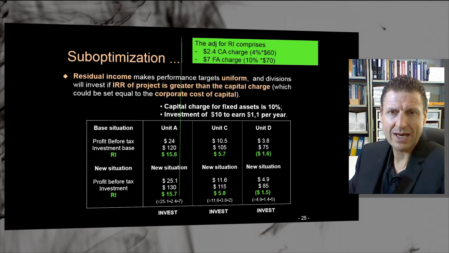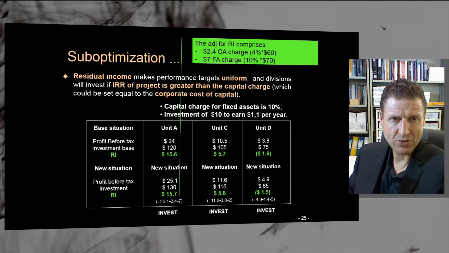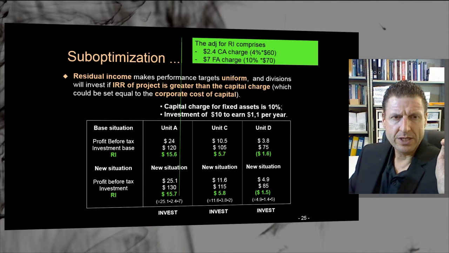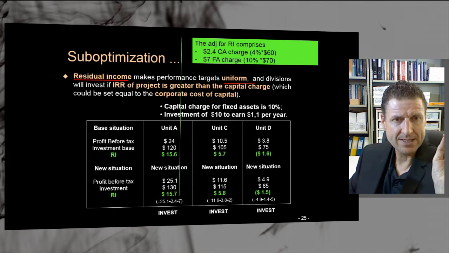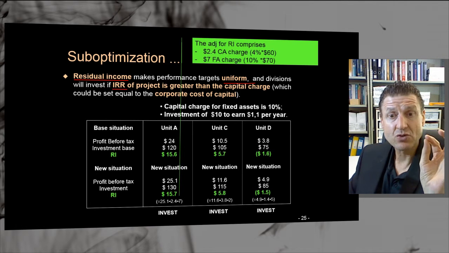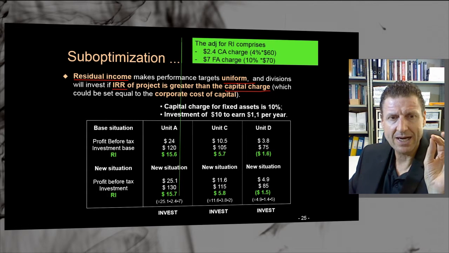So let's have a look at what we are doing here. Residual income makes performance targets uniform, and divisions will invest if the internal rate of return of a project is greater than the capital charge, which could be set equal to the corporate cost of capital.